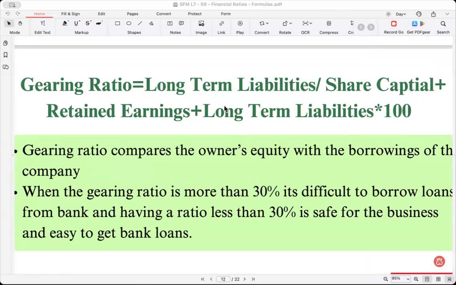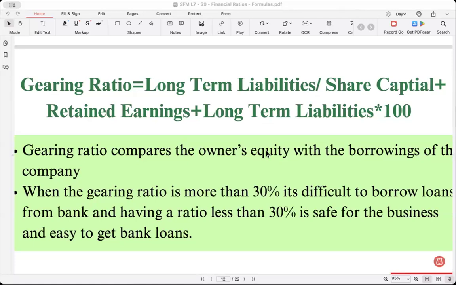So the company finances more by the owner's equity. If the gearing ratio is high, it means that the company is heavily reliant on debt, on external funds, so the company has a higher financial risk.